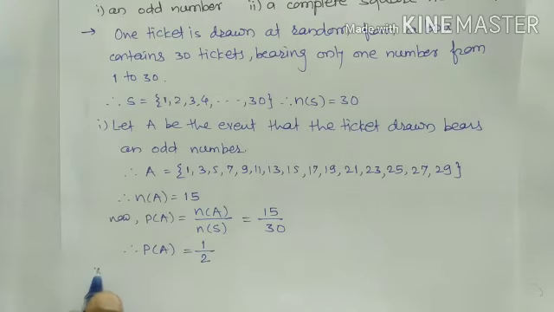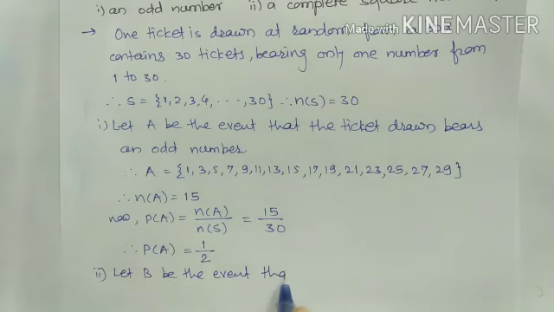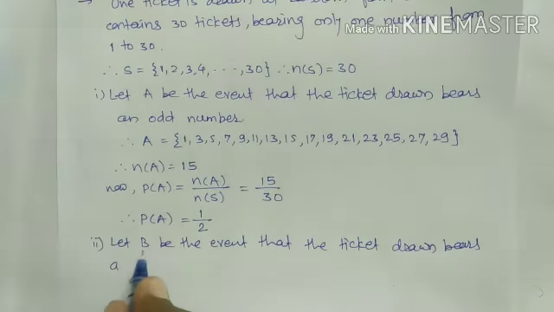Now the second event is that the card bears a complete square number. First we write this, let B be the event that the ticket drawn bears a complete square number.